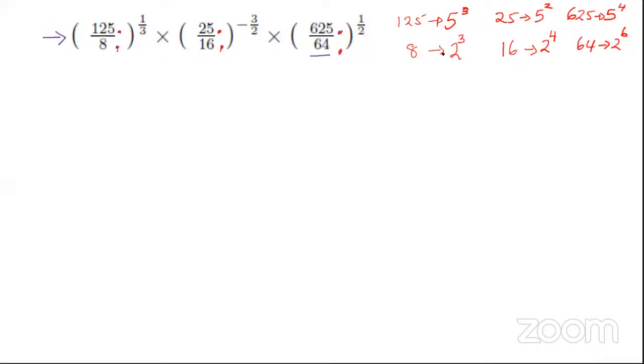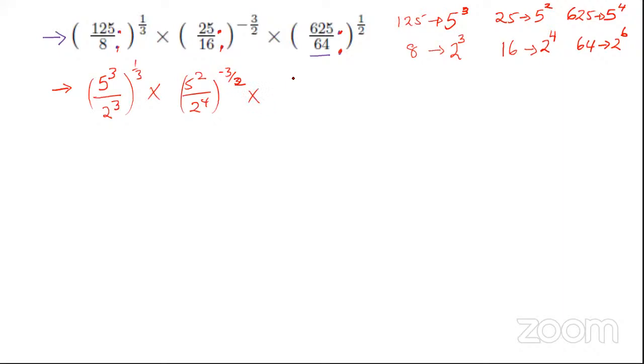be sure you're now working with the powers. So from here, you now do the substitution. So this is the same as 5 to the power 3 out of 2 to the power 3, all this in brackets to the power 1 out of 3, times 5 to the power 2 out of 2 to the power 4, all this to the power of negative 3 out of 2.